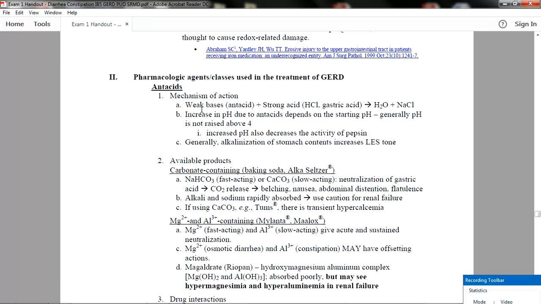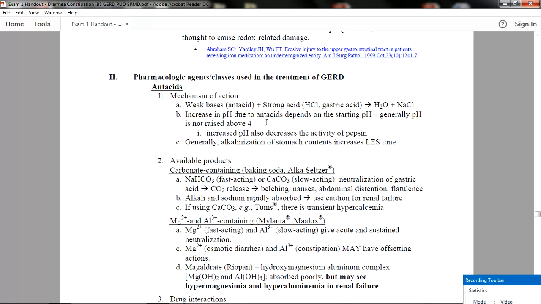The increase in pH due to antacids depends on the starting pH, which just means you might have a higher or lower change in the absolute pH, and that's not something to worry about too much. Generally, antacids are not very efficacious compared to proton pump inhibitors or H2 blockers.